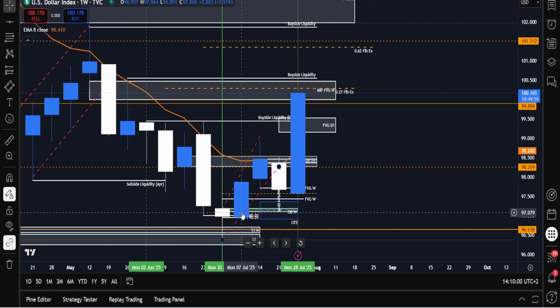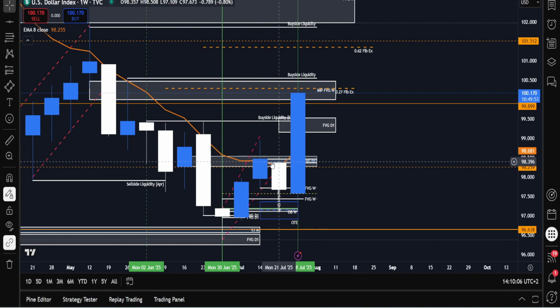On the weekly chart we can see that the first 3 weeks we did have an upside move, and we had a retracement. In the first initial upside move, we created a weekly fair value gap, and we had a weekly order block that we traced into.